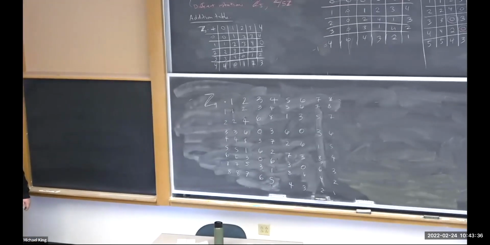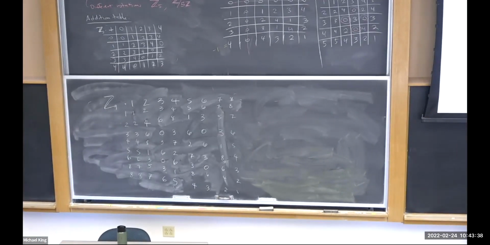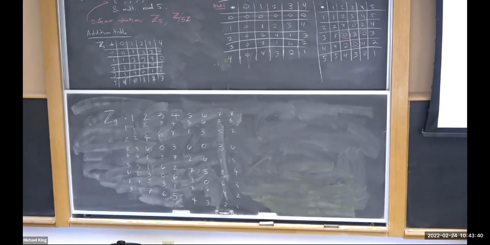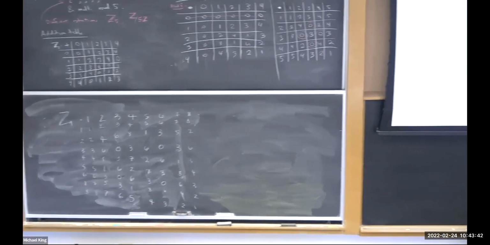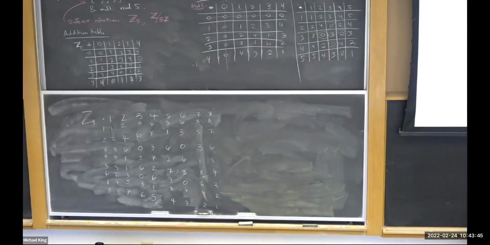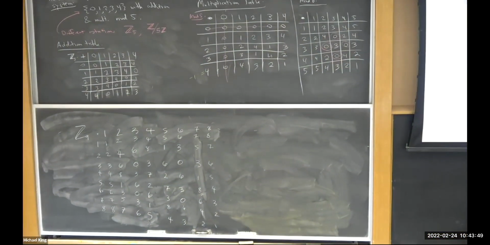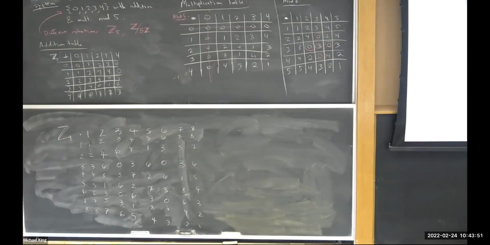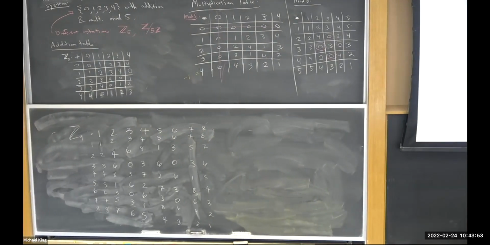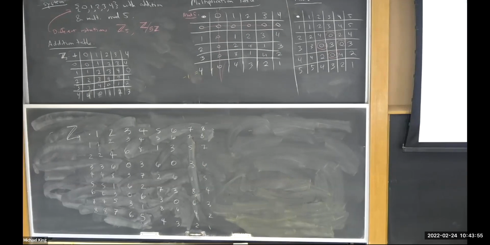But in general, there's some patterns, right? So what are some of the patterns that we're noticing in these tables?